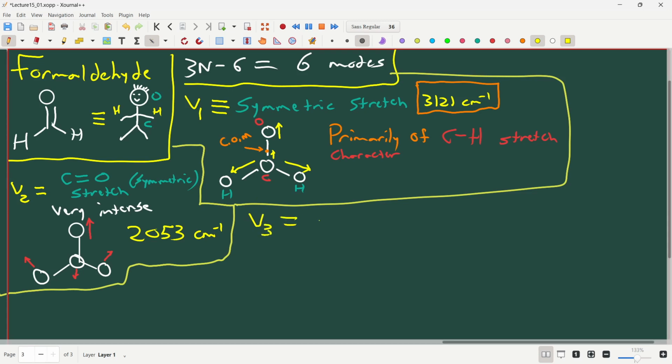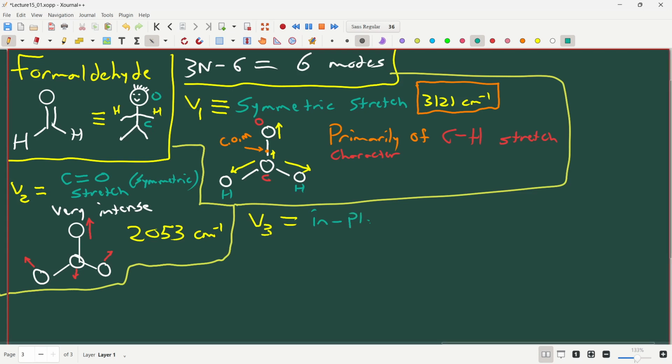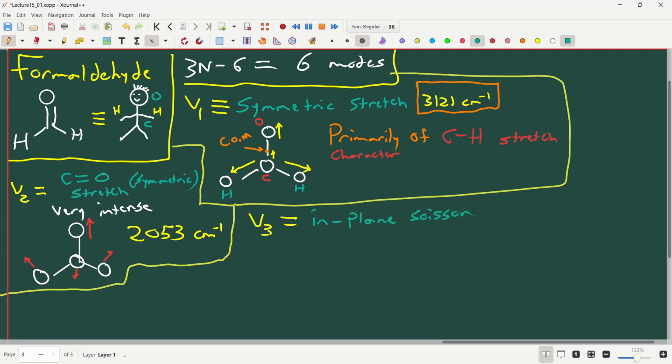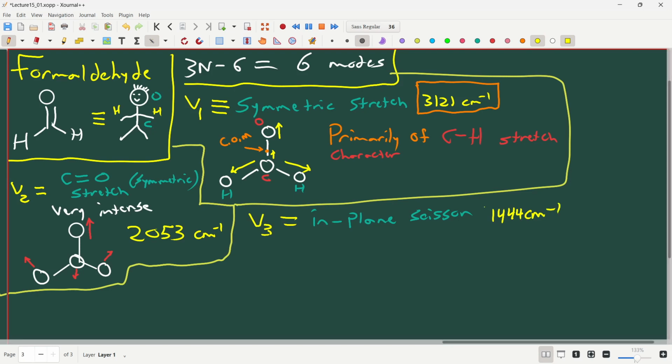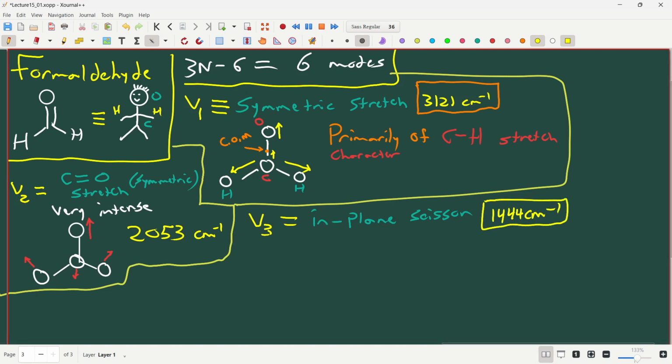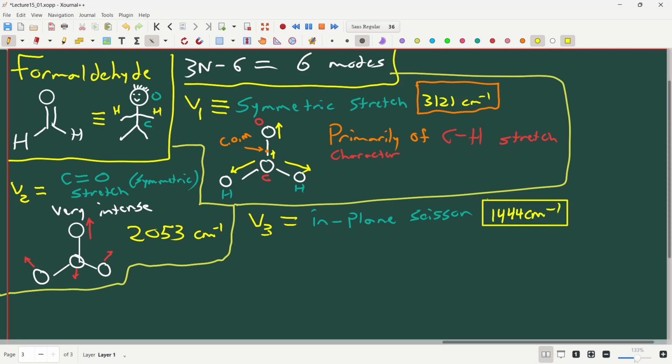This is what's called the in-plane scissor. And as I said, it's in a different class of energies or vibrations. It's at 1444 wave numbers. Again, kind of small.